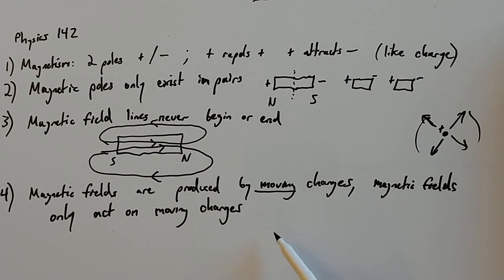They act on moving charges and they're produced by moving charges. Any charges that are stationary won't produce magnetic fields, and they won't be acted on by magnetic fields. So hopefully this gives us a little bit of a sense of magnetism and the way magnetism is different from electricity. We'll spend most of the rest of the semester delving into this in quite a bit more depth.